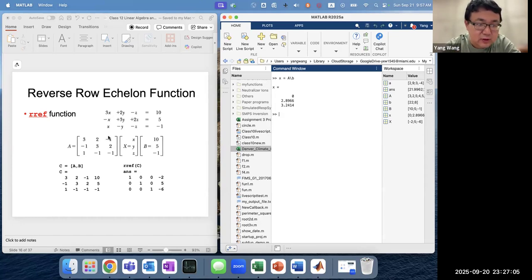Then what we can do is use this equation, multiply this equation to make this term be 0, right? And then eventually we can convert this equation into all ones on the left-hand side. Okay, so this is what people call the reduced row echelon function, right?